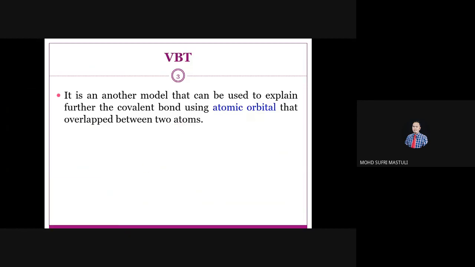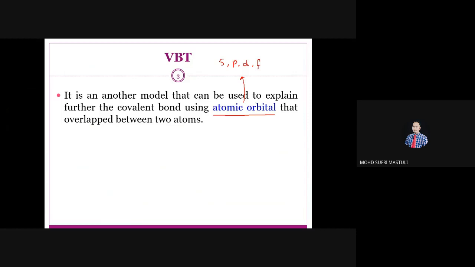So what is an atomic orbital? I think during your SPM, matriculation and foundation, if you still remember regarding s, p, d, and also f, this is the atomic orbital we are referring to.